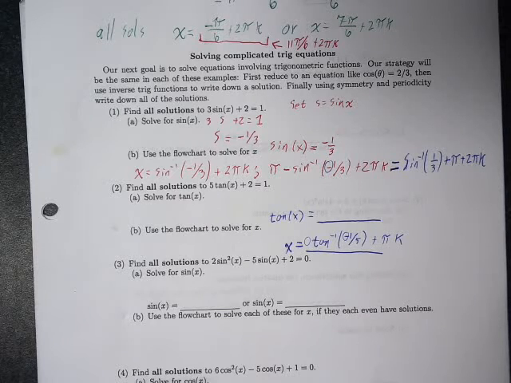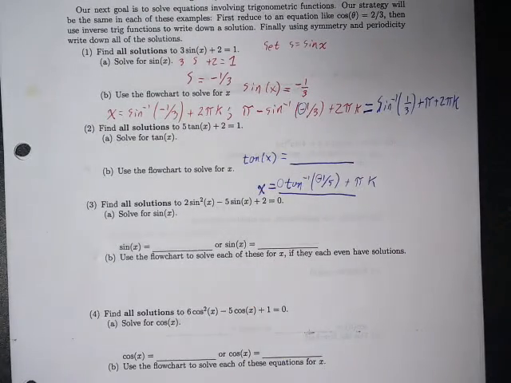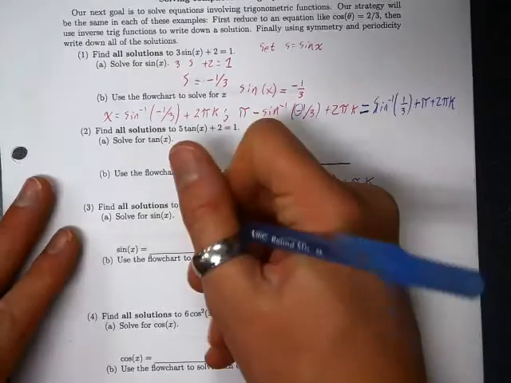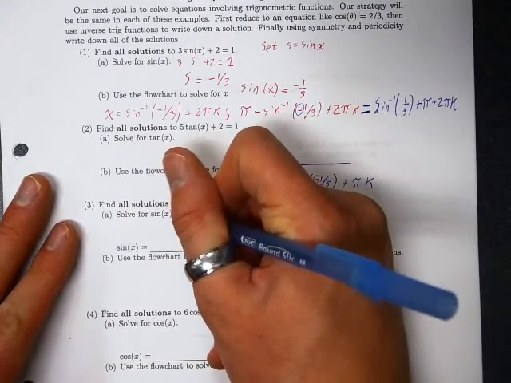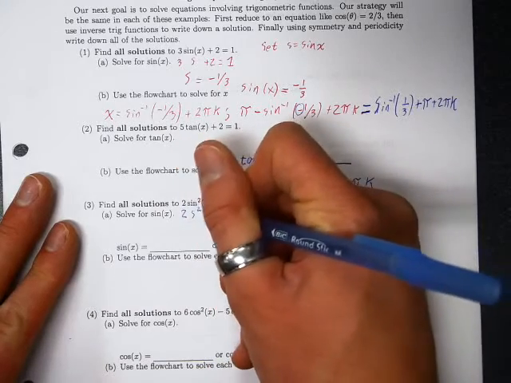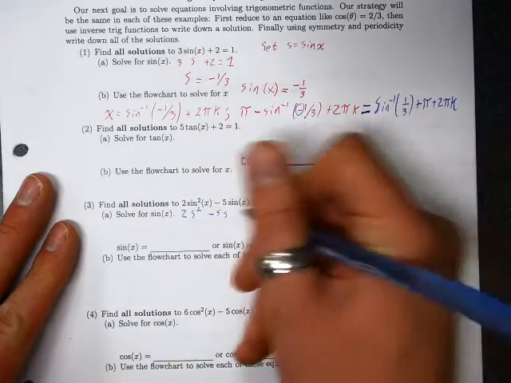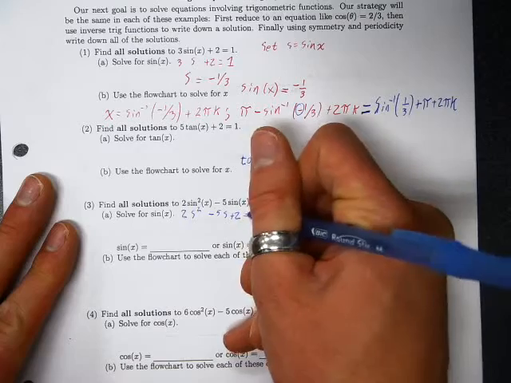So the plan from here is we'll ratchet up complexity by just a little bit each time. Let's try to solve this equation: 2 times the square of the sine of x minus 5 times the sine of x plus 2 is equal to 0. So the algorithm is the same. Step 1, solve for sine of x, because that's the trig function I see this time. And again, for convenience, I'll replace the sine of x by s, so I get 2s squared minus 5s plus 2 equals 0.